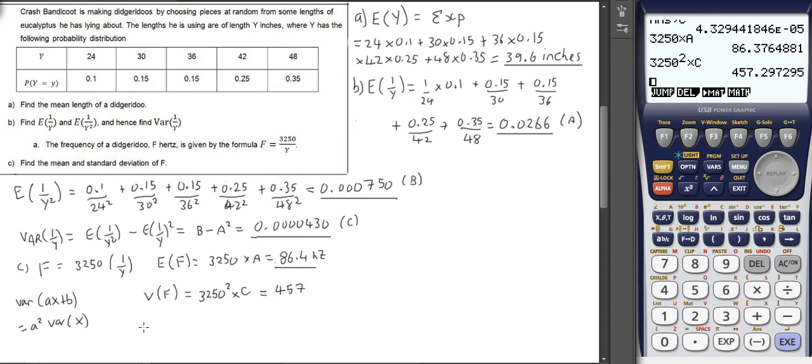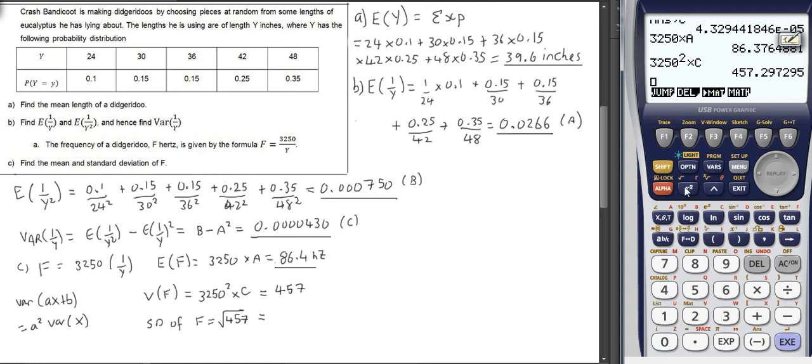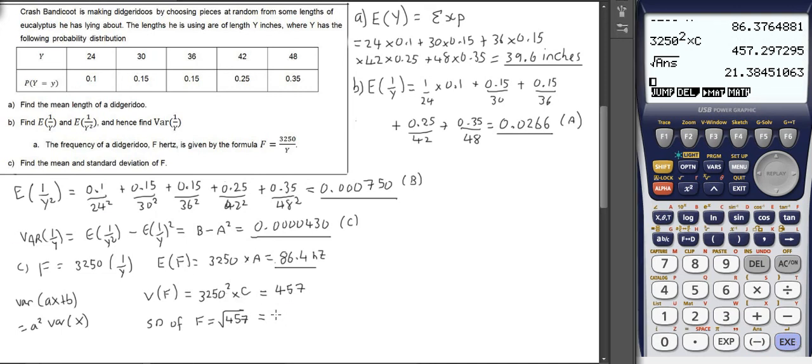And so the standard deviation of F is the square root of that, and obviously I'm going to use the more accurate value, so the square root of that number, and we get 21.38, so 21.4, and as soon as it's standard deviation we're back in the right units.